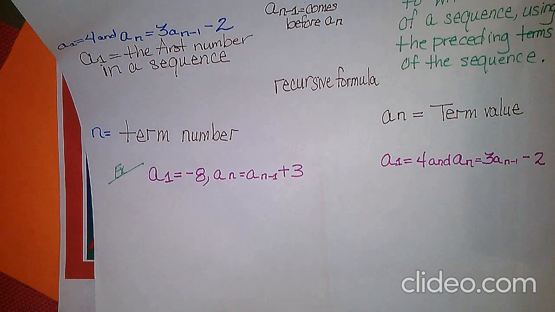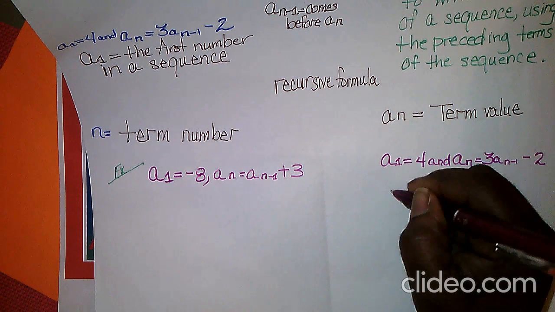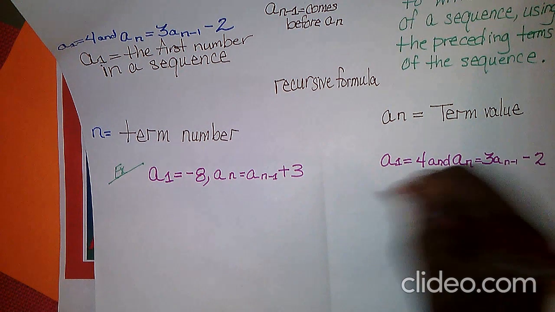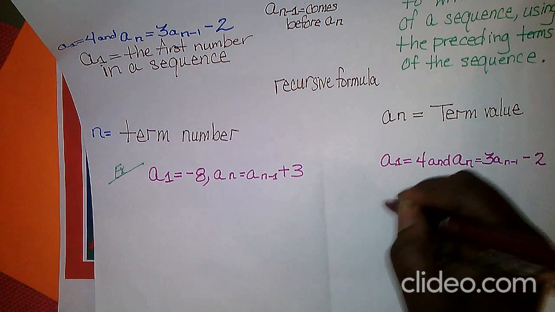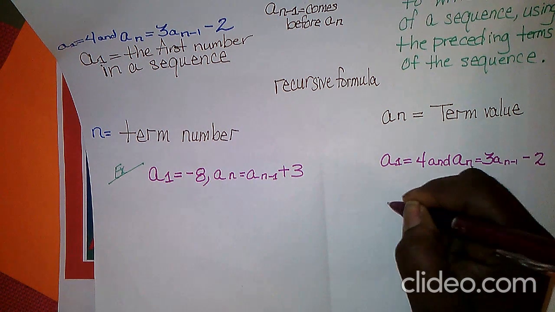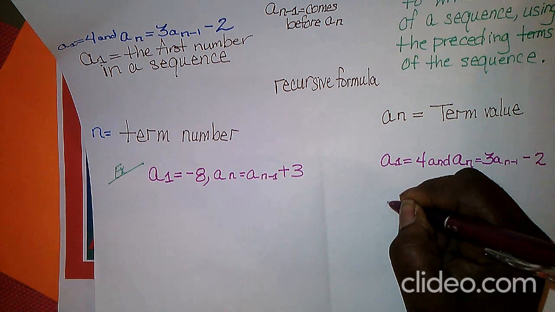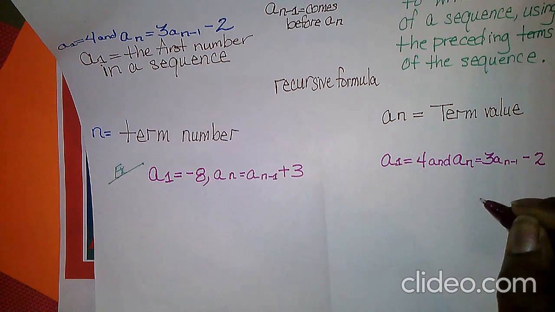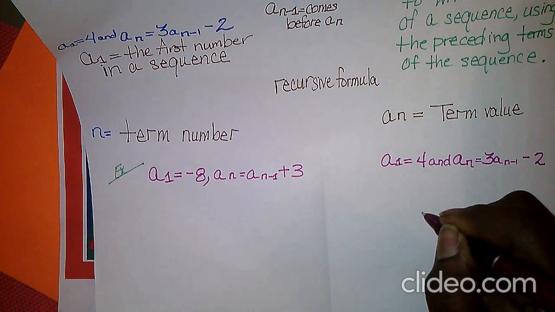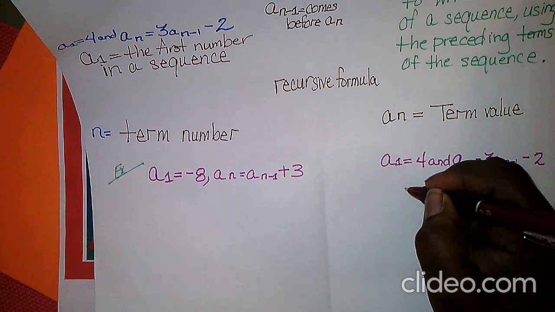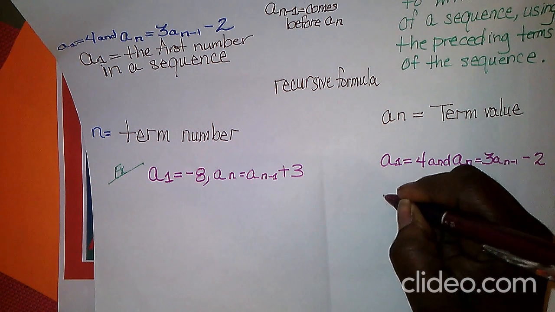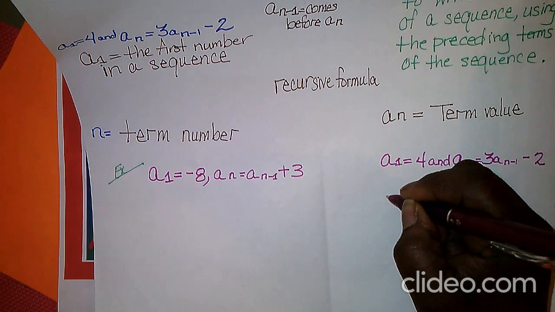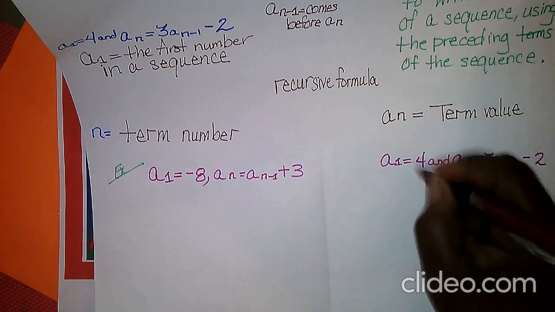So in the formula it says AN, and we're just going to plug that in. So the A that was given is 4, which is right here.